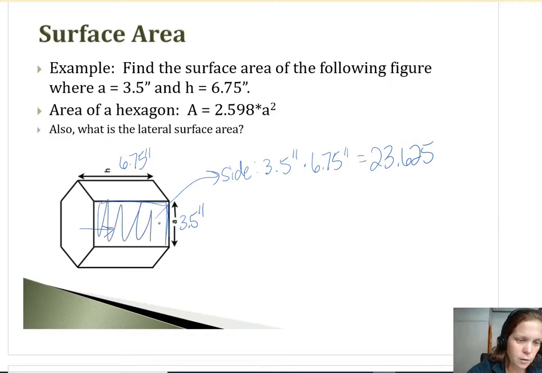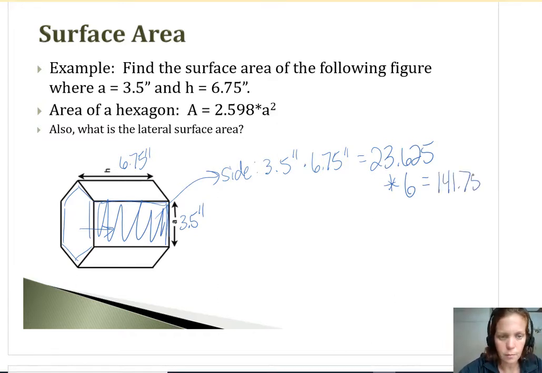So that's one of the sides. Now this is a hexagon, 1, 2, 3, 4, 5, 6 of these. So if I do times 6, all the sides is 141.75 square inches. So that's my lateral surface area.